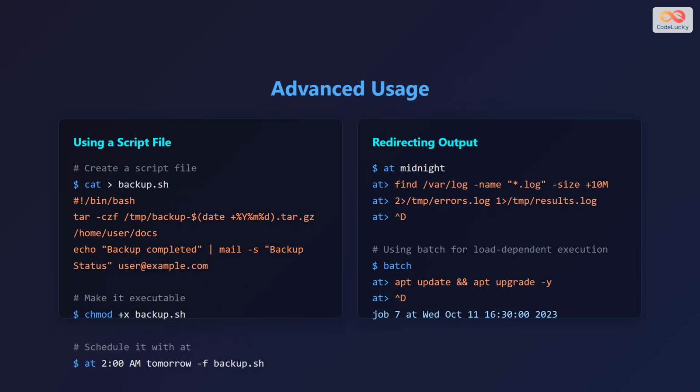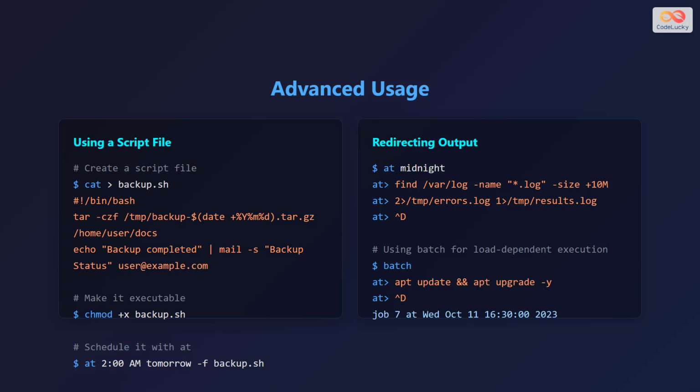Let's see how to use a script file with the at command. First, create a script file, for example, using cat greater than symbol backup.sh. Write the script which contains shebang /bin/bash. Then the command tar -czf /tmp/backup_$(date +%Y%m%d).tar.gz /home/user/docs.